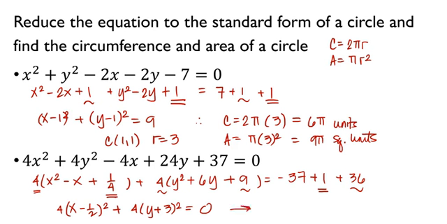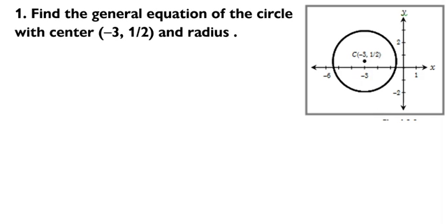So even if you reduce this, x minus 1/2 quantity squared plus y plus 3 quantity squared, 0 divided by 4 is still 0. Take note that the r squared is equal to 0. That means it's not a circle, it's just a point. So for this one, it's not a circle. These examples. And now, so for this one, we have the opposite.